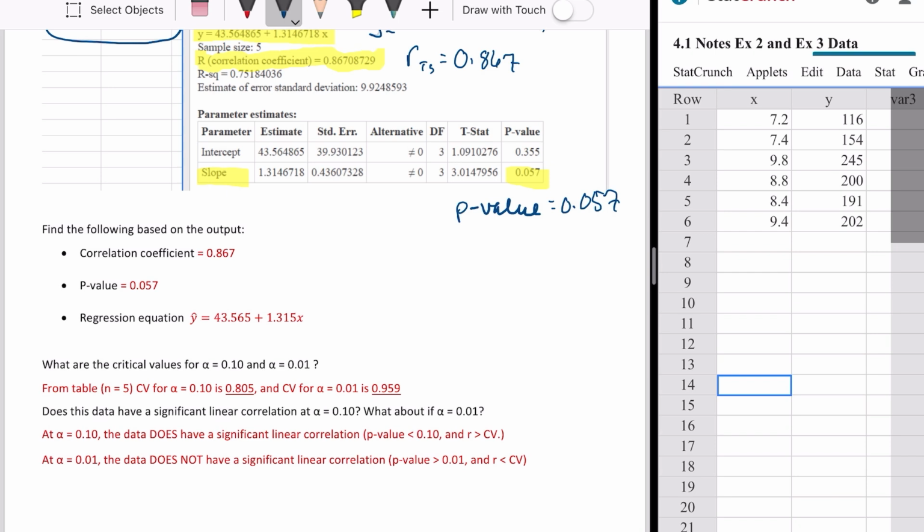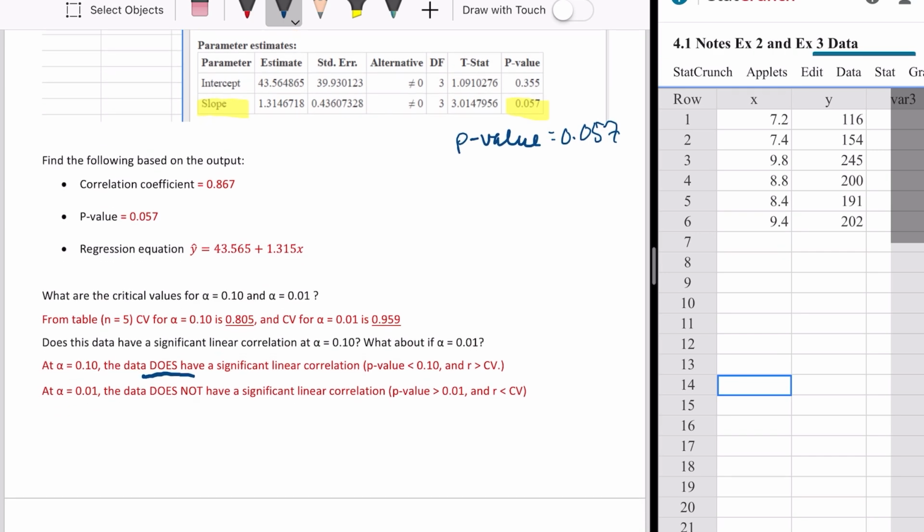Does this data have a significant linear correlation at alpha equals 0.10? It does have a significant linear correlation, and we're going to show you. Let's do a number line.